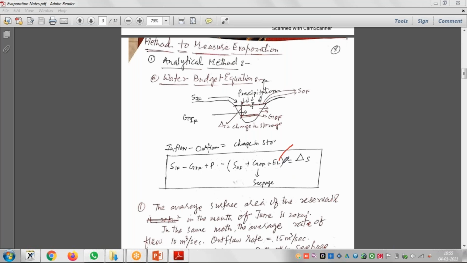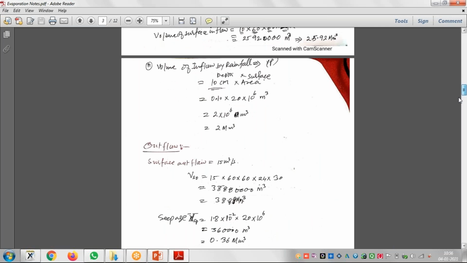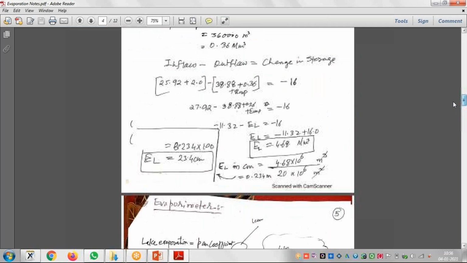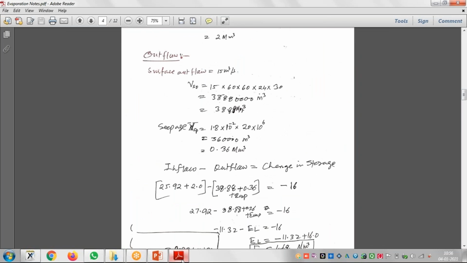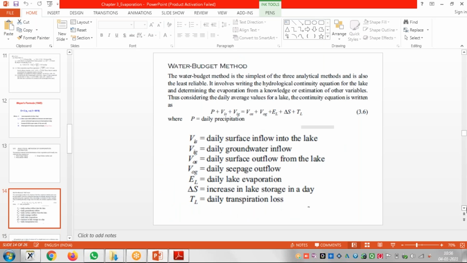So you can do one thing: you can add here plus transpiration loss, that is TL. If transpiration loss is given, then you can also include it, and everything will be the same. So here this is the equation.